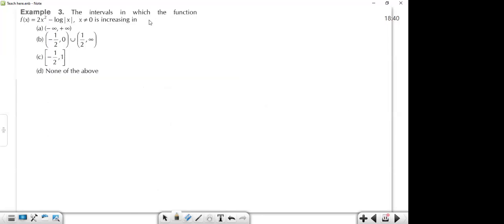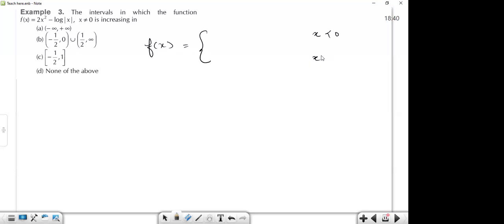Let's discuss this example. Find the intervals in which the function f(x) = 2x² − log|x| is increasing. So we have to find the domain of x in which the function will be increasing. Let's first break down the function because it has a logarithm inside. So x is not equal to 0.